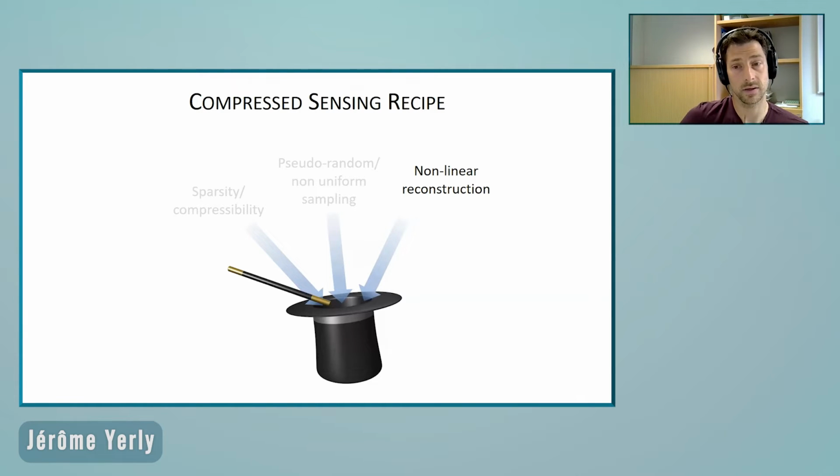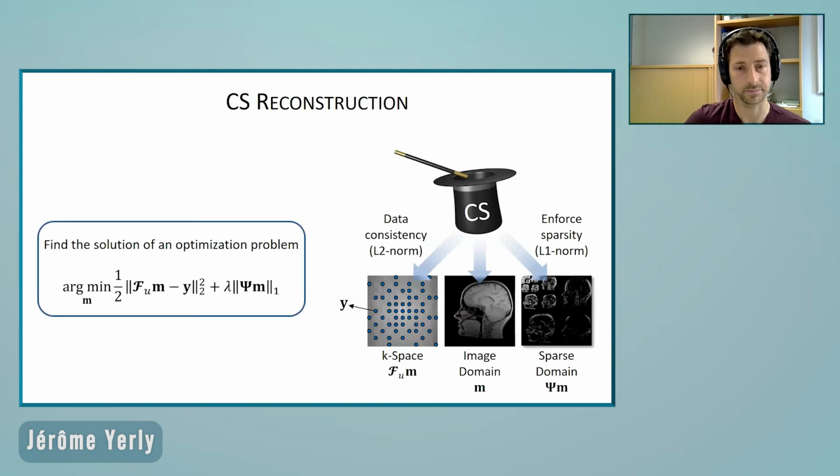Now, the last requirement for compressed sensing to be successful is to use a nonlinear type of reconstruction that will allow us to separate the signal from these incoherent aliasing artifacts. The core of compressed sensing reconstruction consists basically of solving this optimization problem, which usually contains one data consistency term, which is this L2 norm, and one or several regularization terms, which in this case is an L1 term of the wavelet coefficients.